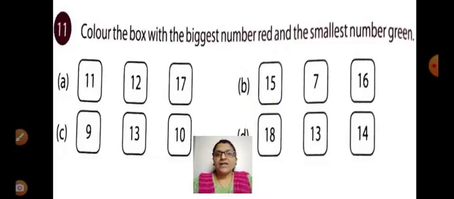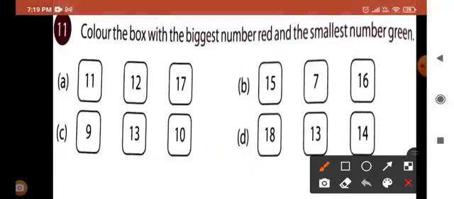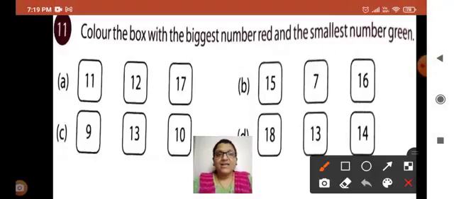Question number 11. Color the box with the biggest number red and the smallest number green. Children, here in each example there are 3 numbers given, from which we have to find out the biggest number and have to color it with red, and the smallest number we have to color with green. Let us see first example. 11, 12 and 17.